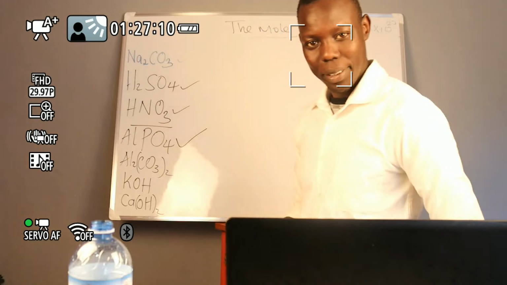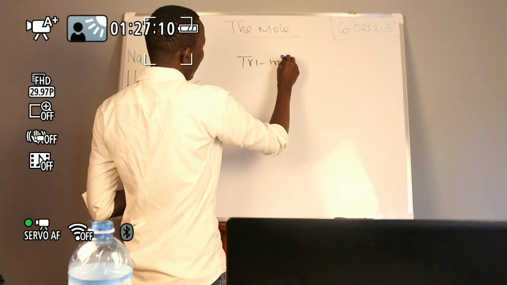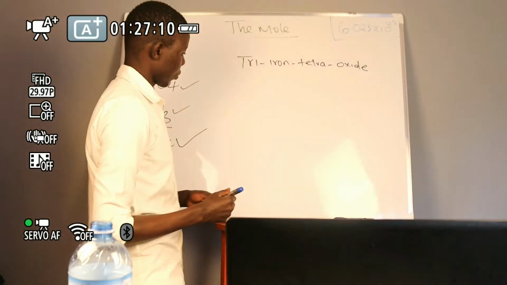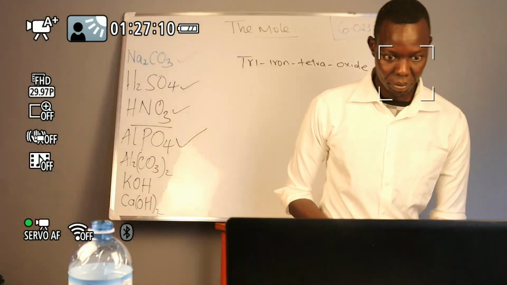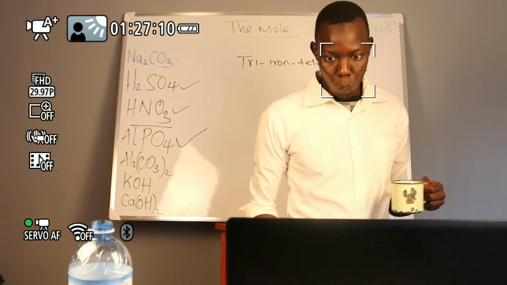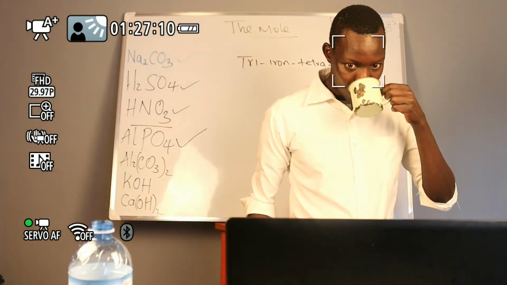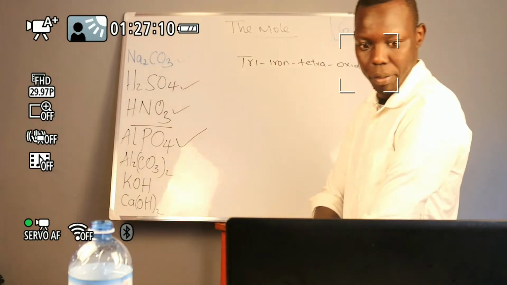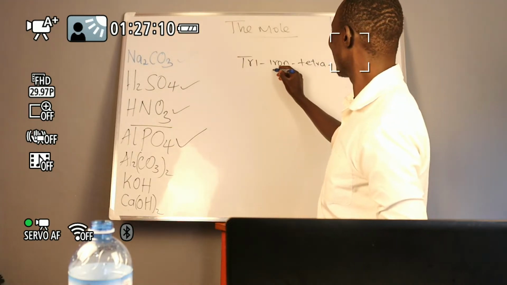The name of the compound formed when iron and steam react is called tri-iron tetroxide. Now here we have iron which is tri.